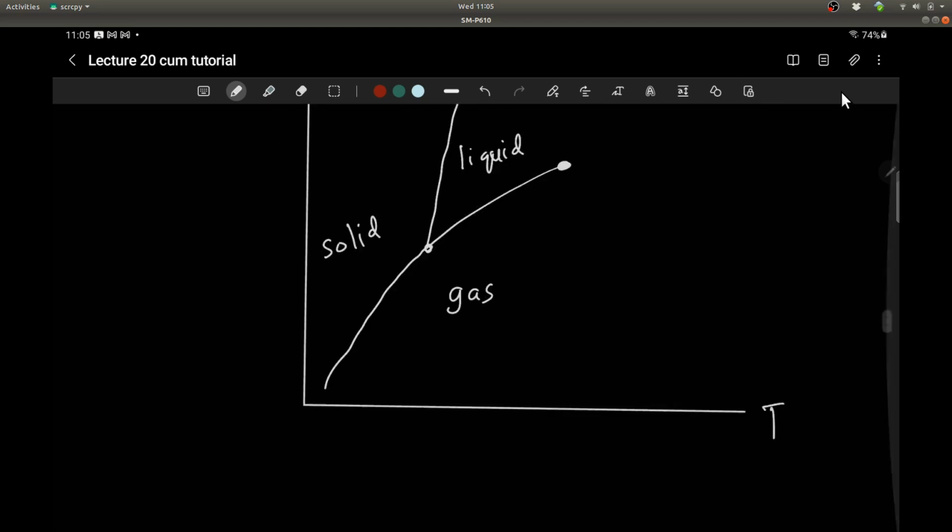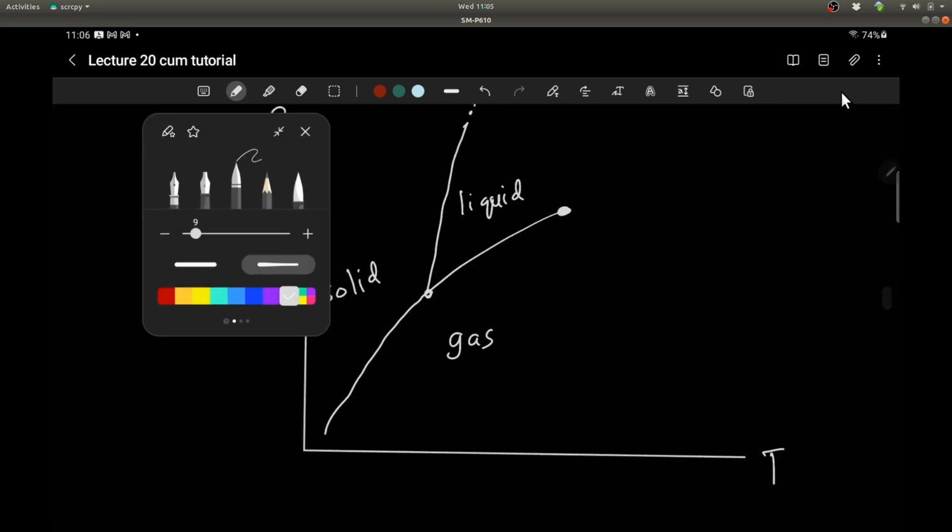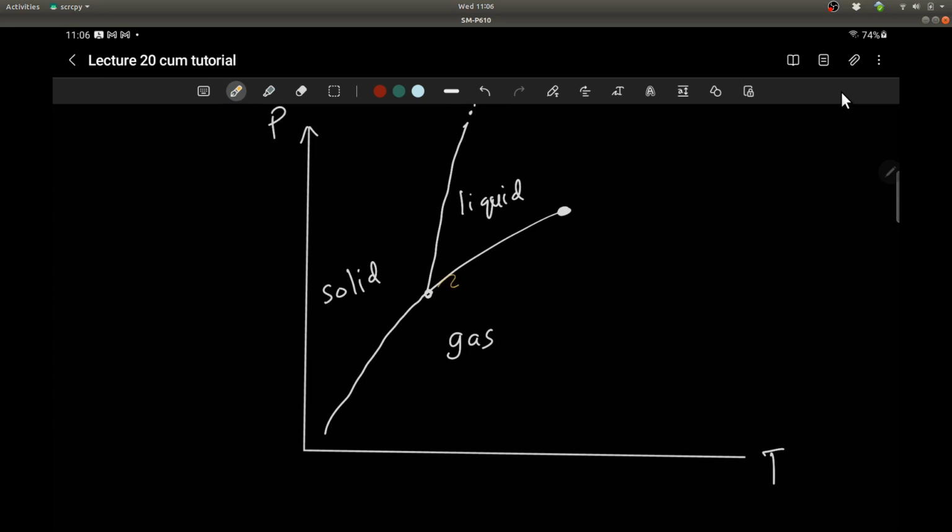Okay. So today, you can pick any particular line. So for instance, let's pick up this line. I'll draw a yellow line close to it. It's supposed to be on top of it. So this is a coexistence curve.